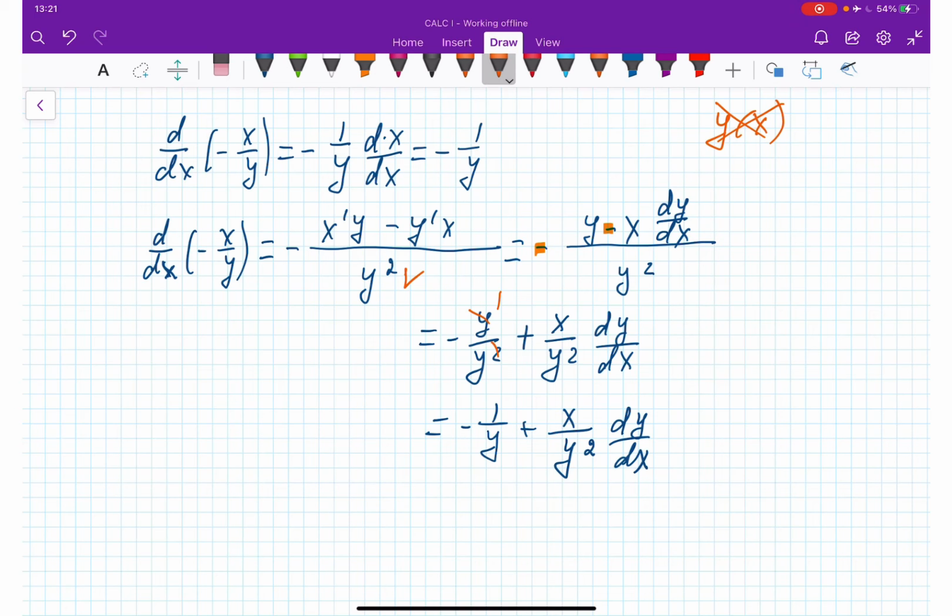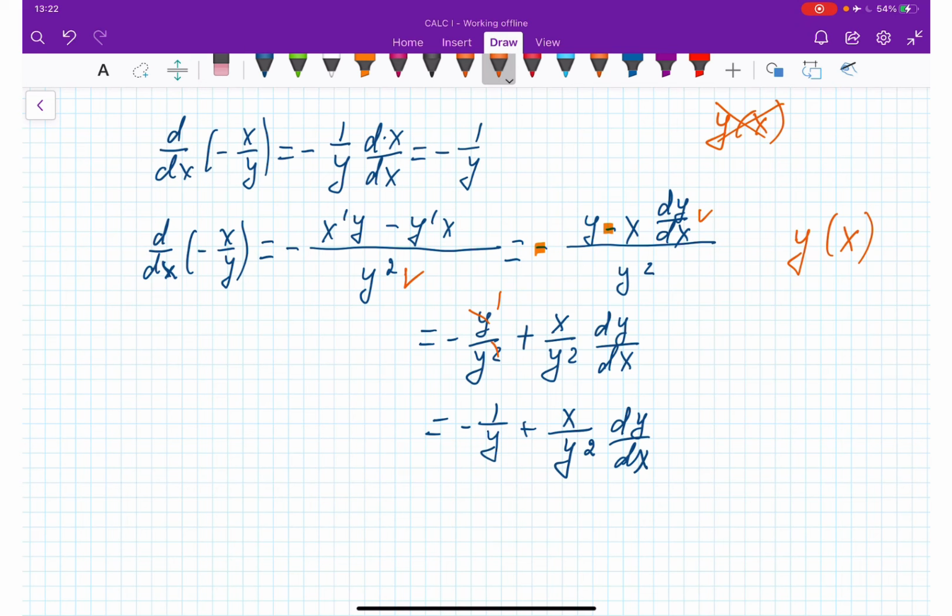This is why in the other case we use the quotient rule and leave dy by dx. You understand the difference? How are you going to figure it out? One way or another, it will be given in the condition, or somewhere it will be mentioned, and you will know.